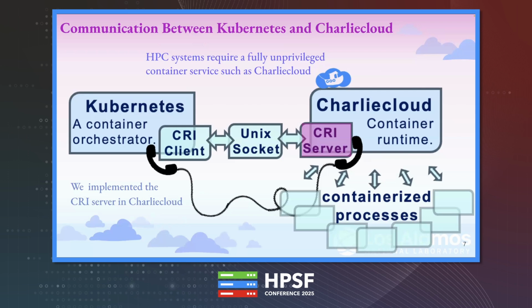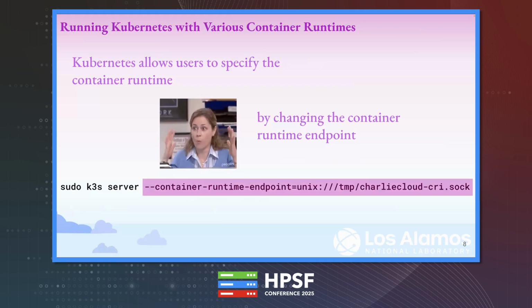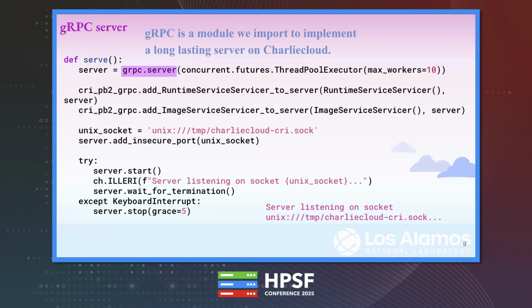And we want CharliecLoud because HPC systems require a fully unprivileged container service that CharliecLoud provides. Also, luckily, Kubernetes allows users to specify the container runtime by changing the container runtime endpoint. So that's what we did here. We were able to specify our own CharliecLoud socket, and this is how we implemented it.